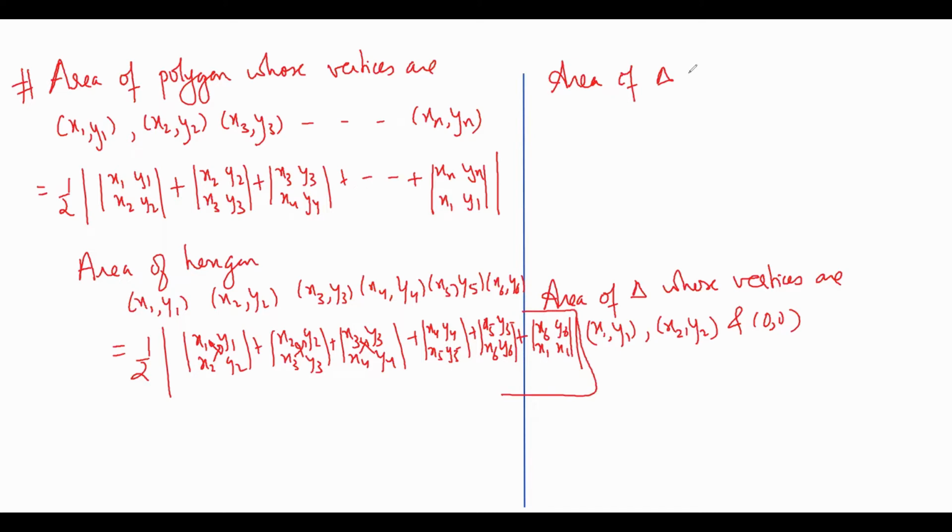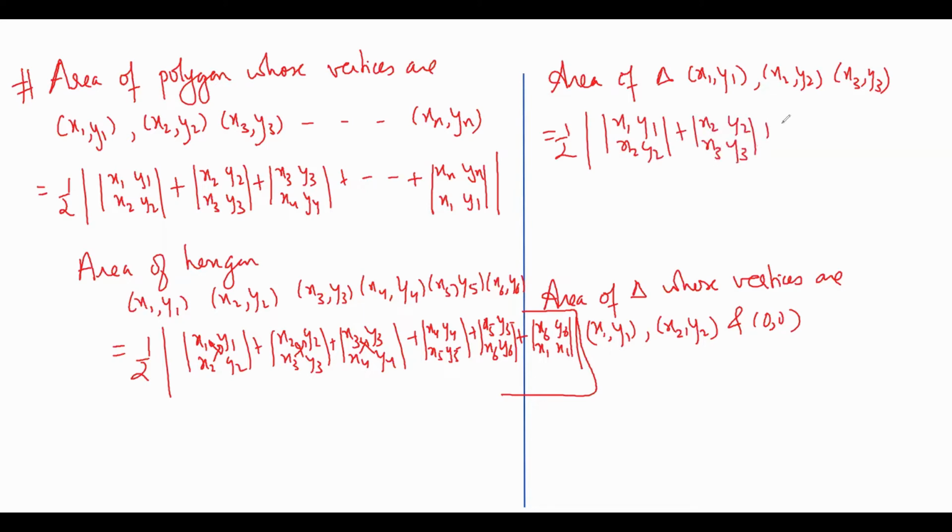Use this formula: we have three vertices x1 y1, x2 y2, x3 y3, and what we do here is put half and then put mod, then x1 y1, x2 y2, x2 y2, x3 y3, x3 y3, and then x1 y1, and the rest you have to do cross multiplication.